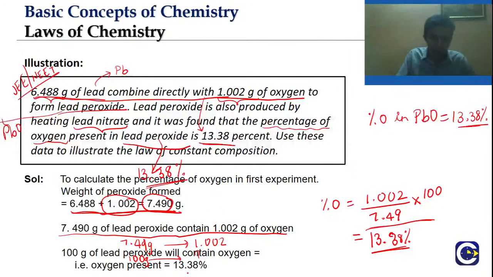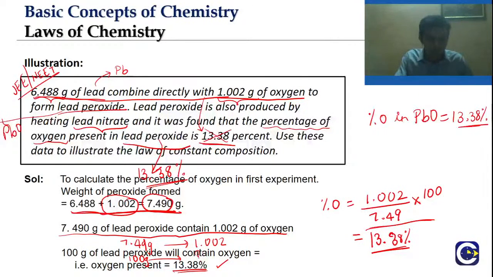So finally we are proving that no matter what way you do it, the percentage of oxygen in lead oxide should always be 13.38%. Clear? Yes. So this is a proving type of question. There can be a numerical also. This question itself can become a numerical. For example, if they didn't give us this value and asked us to find out the percentage of oxygen present, how to find it out? Same procedure. Finally, we will get the answer as 13.38%.